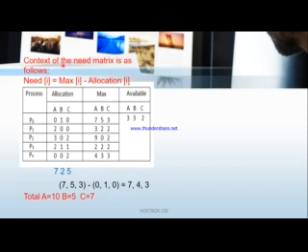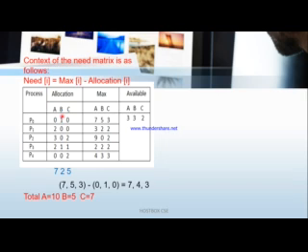So simple and easy. The formula for need of i is equal to maximum of i minus allocation. Let's consider a table with the processes P0, P1, P2, P3, P4, with allocation of resources A, B, C and maximum A, B, C. P0 has allocation 0 1 0, P1 2 0 0, P2 3 0 2, P3 2 1 1, and P4 0 0 2.